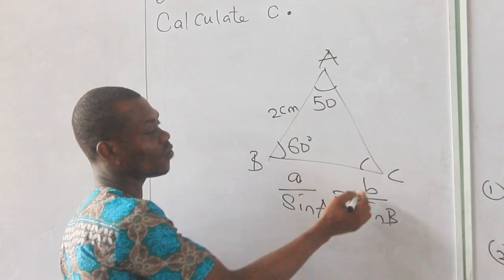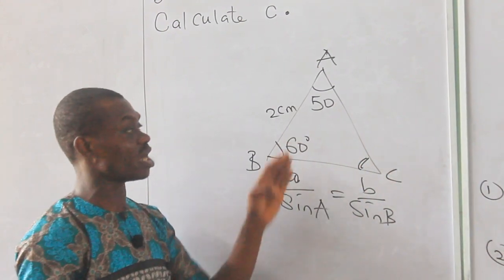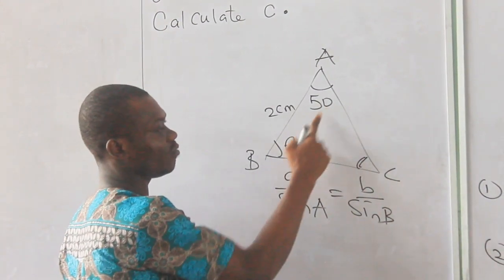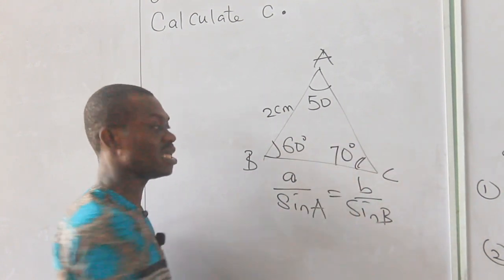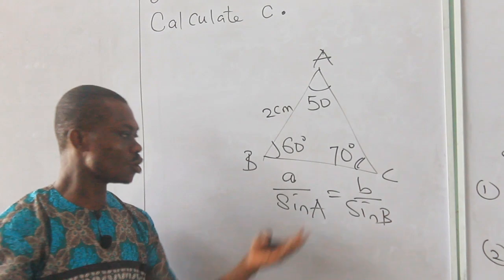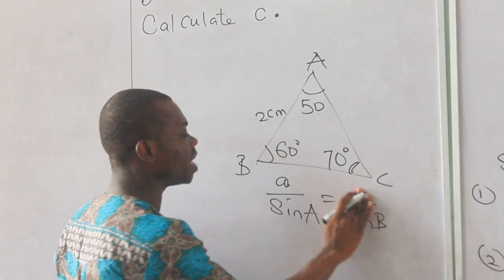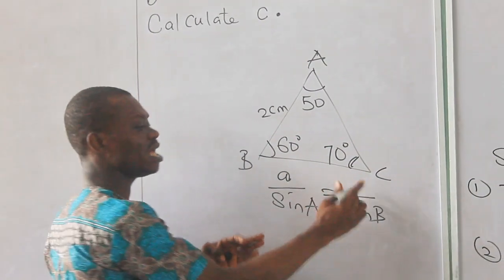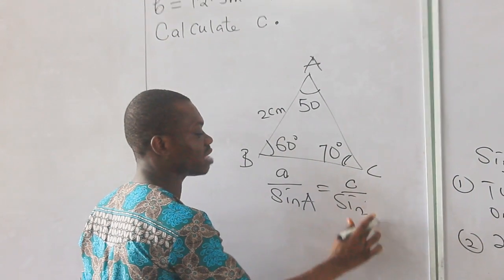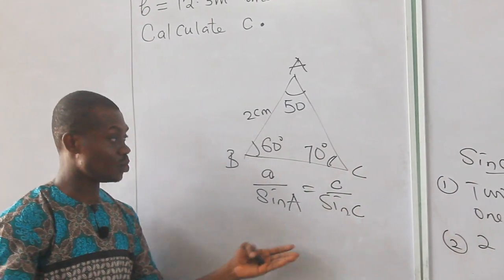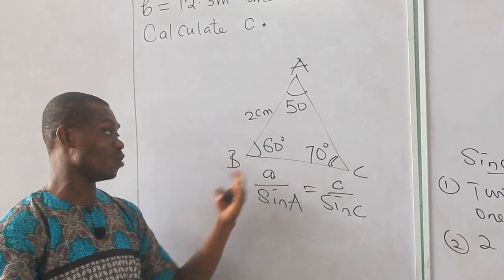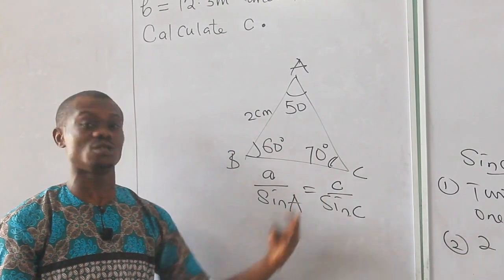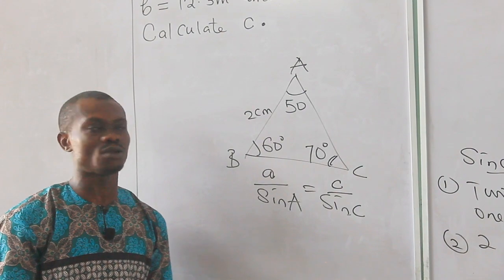Since the sum of the angles in a triangle is 180, if you sum these, which is 110, and subtract from 180, you will get 70 degrees here. With that, I can easily make use of a over sine A and c over sine C to be able to solve for the whole triangle. And I can use b over sine B equals c over sine C and the rest.